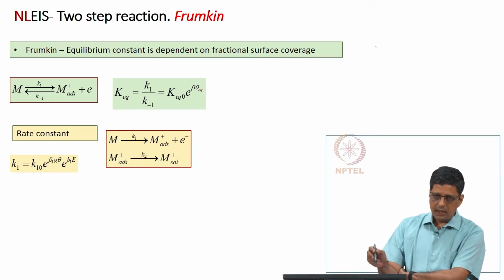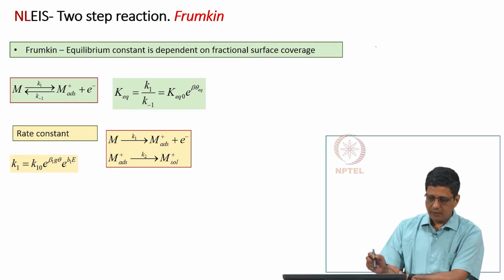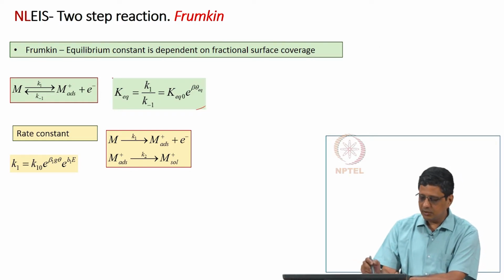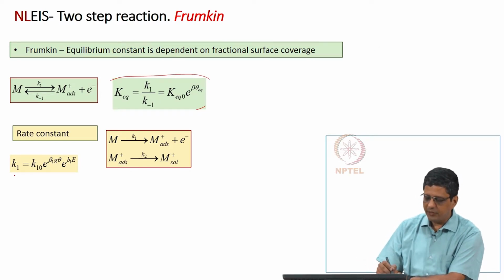Although it does not tell anything about k1 or k minus 1, we can get this expression for the equilibrium constant if we say that k1 or k minus 1 for the reverse reaction is given by an expression like this. k1 is given as k1 0, earlier we would have said k1 0 exponential b1 E, because it is the Langmuir isotherm model, but now because it is the Frumkin isotherm model, it also depends on beta 1 g theta.